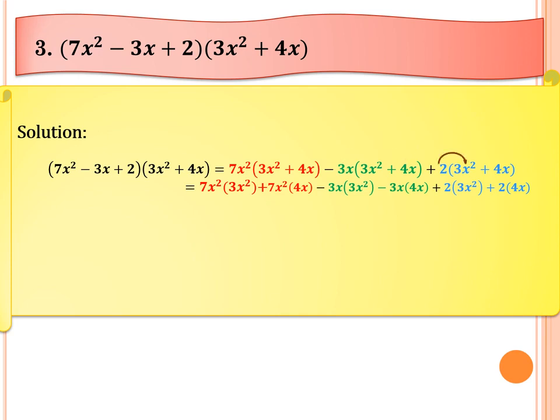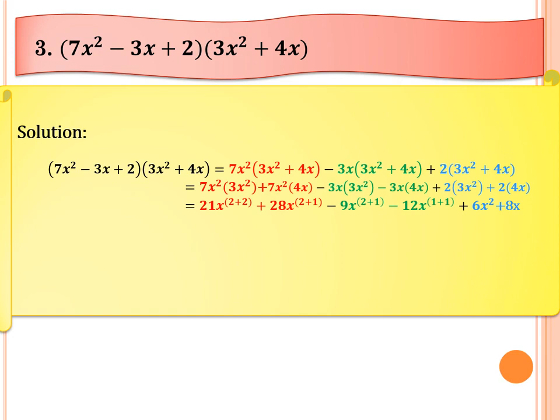we distribute again 2 to 3x squared. So, we will have 2 times 3x squared plus, we distribute again 2 to 4x. So, we'll have 2 times 4x. For the next step, we apply laws of exponents. Okay?